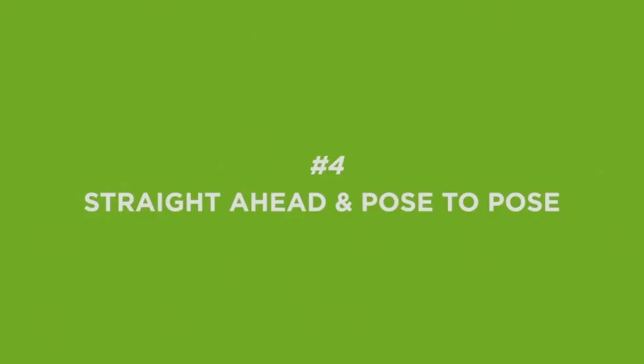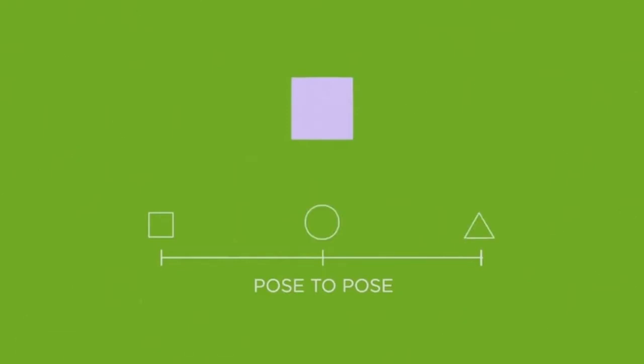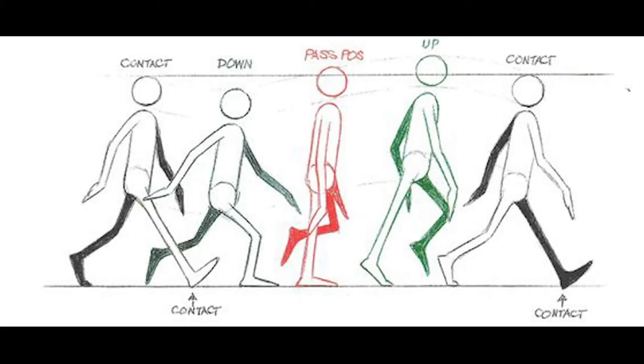That means we have some key poses in our mind and draw the in-betweens after we establish those key poses. So in the walking cycle, we have 4 different kinds of key poses: the contact, and when the figure goes down, we call it the down. When it passes from down to up, we call that in-between pose the passing position, and then we go up and then contact.